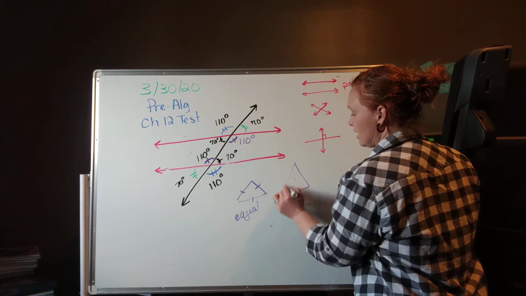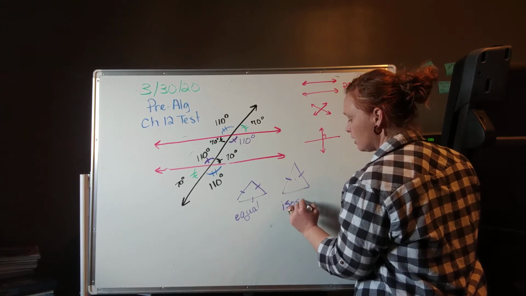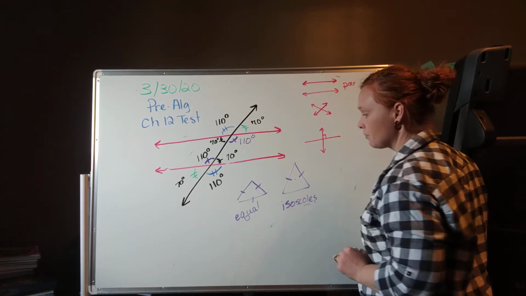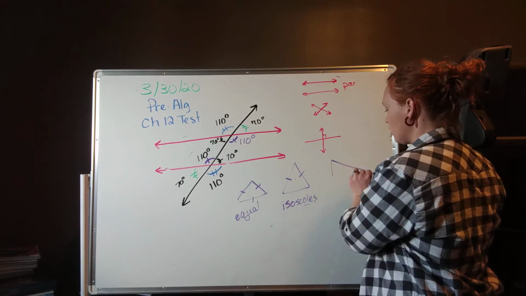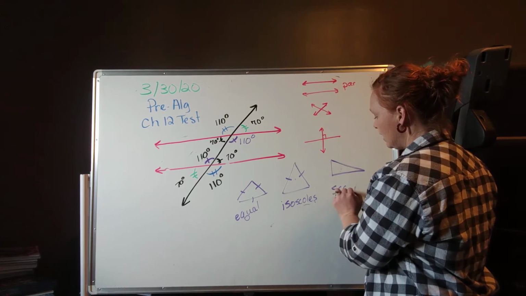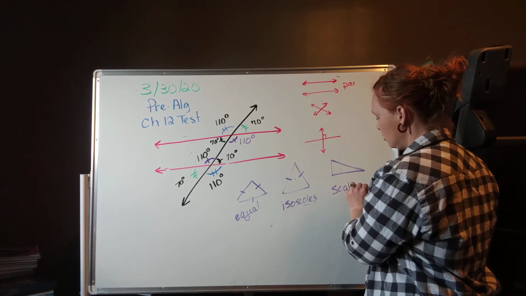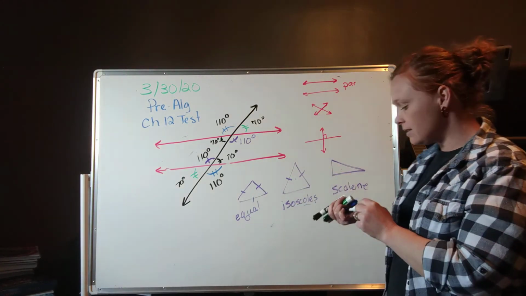If two sides are the same length, but not the third, we call it an isosceles triangle. Okay? And if none of the sides, this one's always harder to draw, are the same length, then we would call it a scalene triangle. Okay? So that's if we're looking at the outsides of the triangle.